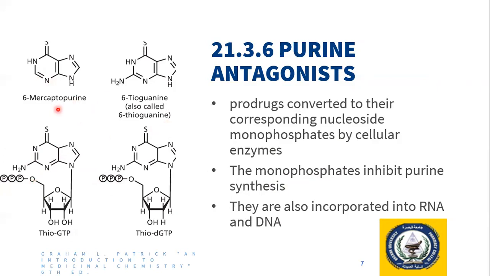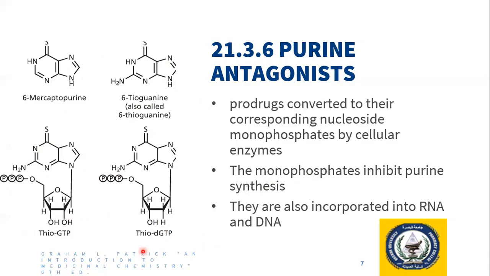Both of these, the 6-mercaptopurine and the 6-thioguanine, will be converted to thio-GTP. And the thio-GTP will be converted to thio-deoxy-GTP. Deoxy means it's going to lose this hydroxyl group.